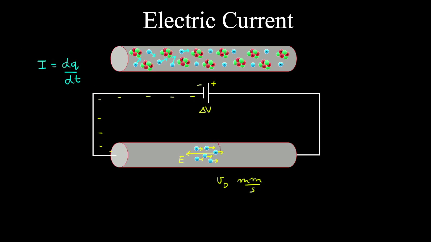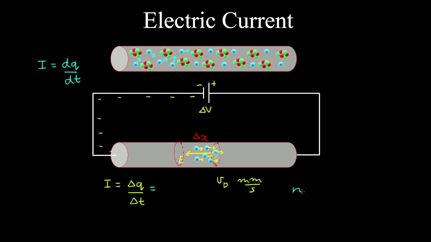Now if we take a section from this wire, so we have a cross-sectional area, and a length delta x, we have the current is the charge flowing through the cross-sectional area of the wire in a change in time.